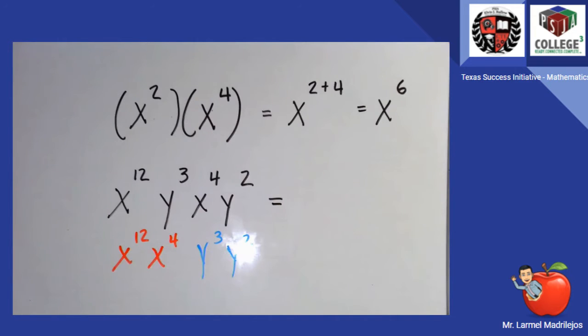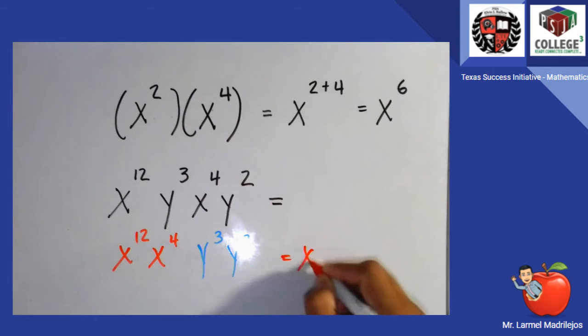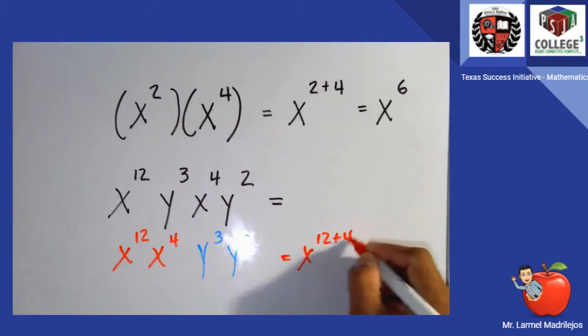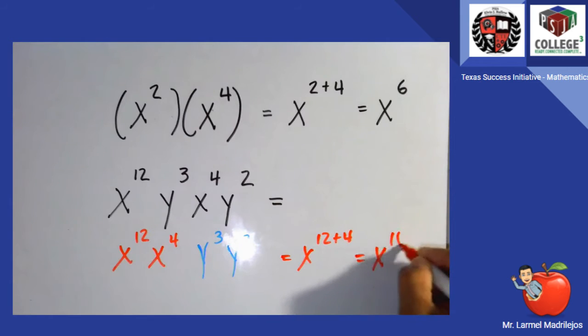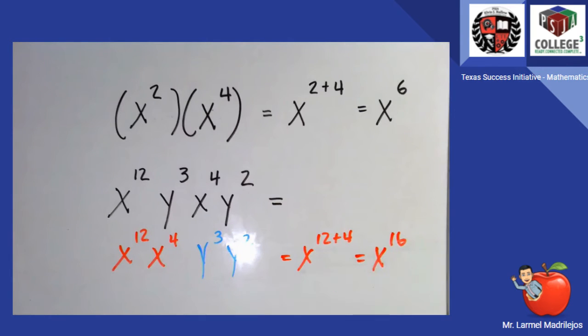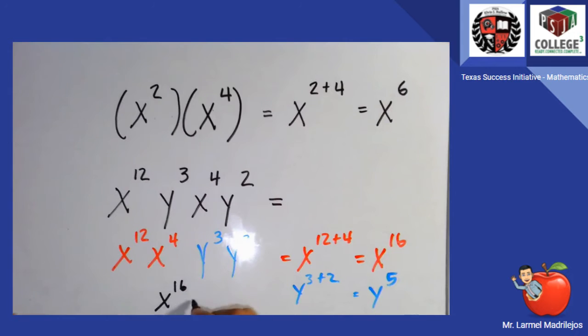So my answer here is going to be 12 plus 4 is equal to x to the 16, and for the y, 3 plus 2 is y to the 5. So my final answer will be x to the 16 y to the 5.